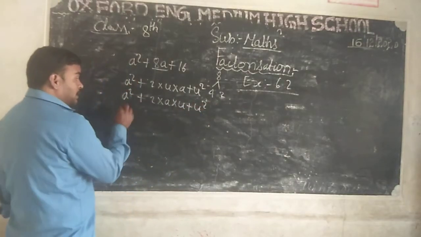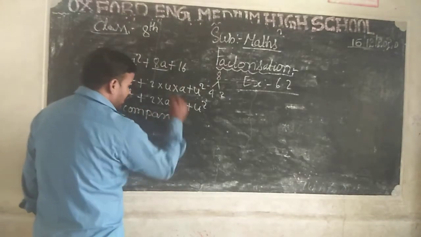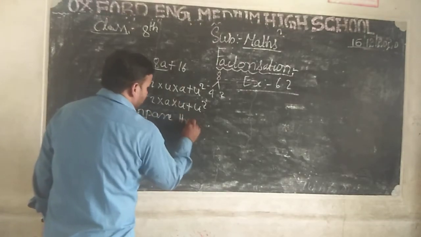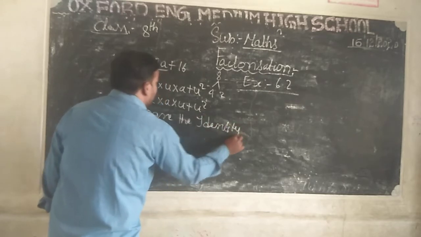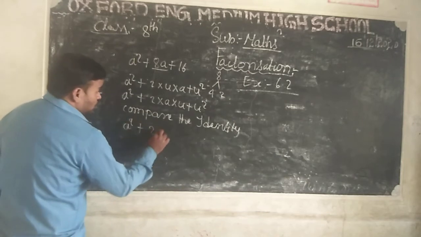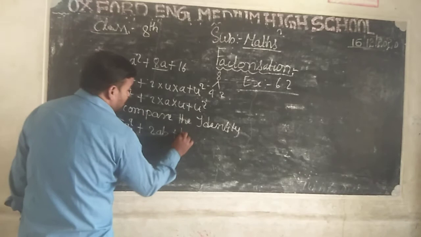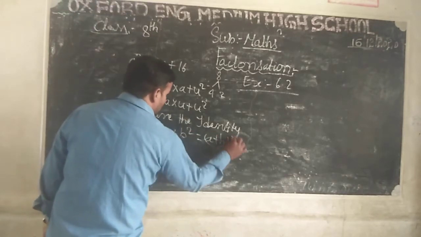Then you compare with the identity. Which identity? a square plus 2ab plus b square is equal to a plus b whole square.